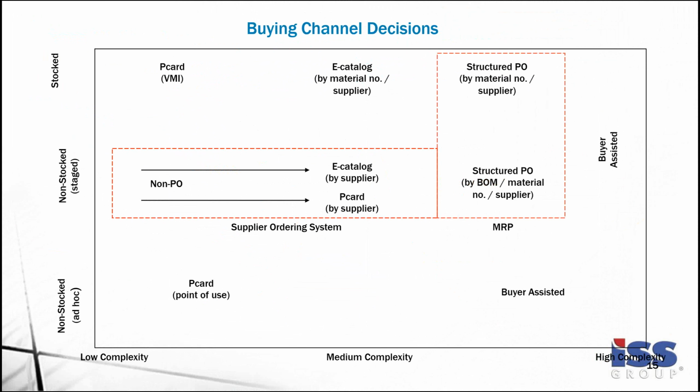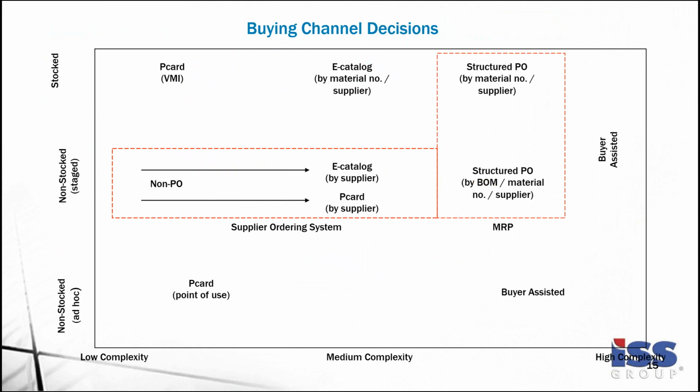If you look at the upper quadrant on stocked, you see it's with a P card, but it's vendor managed inventory. It's stocked in either the materials on site or it's in a vendor site that's nearby, and you have an agreement with the vendors to quickly supply what you need.